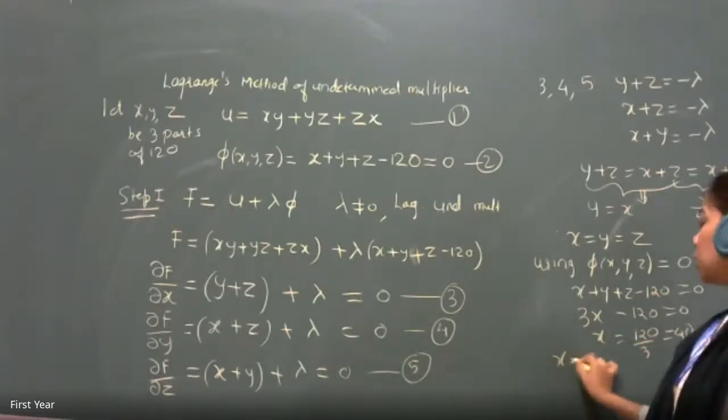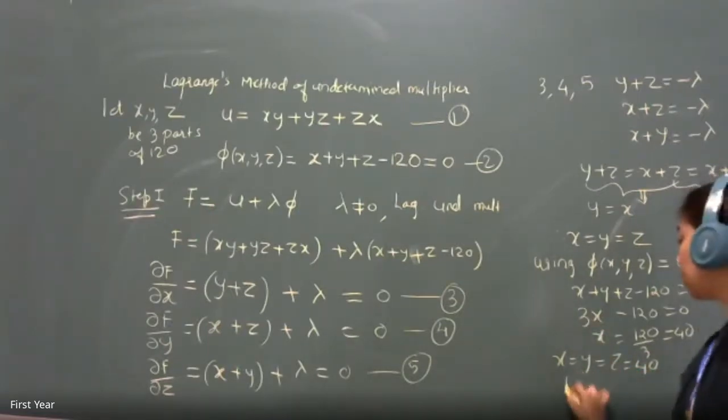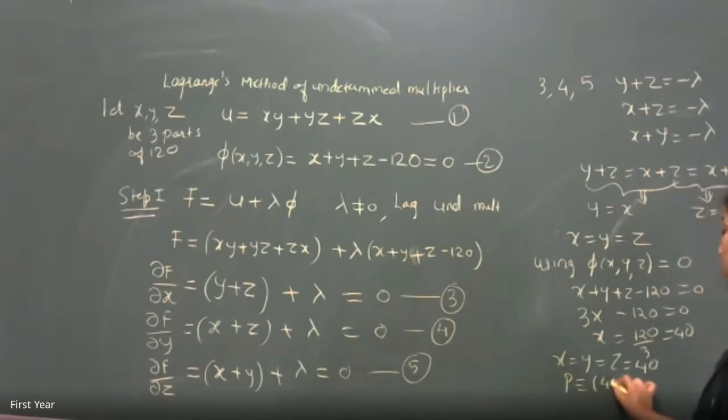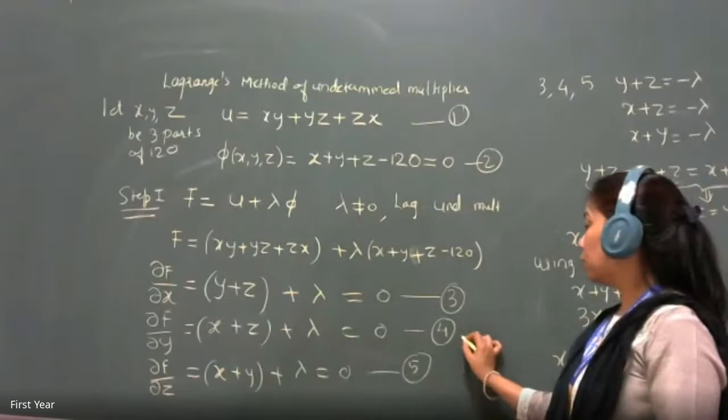Therefore x is equal to y is equal to z is equal to 40. That is the point. 40, 40, 40 is the extreme point, which gives you the extreme value.